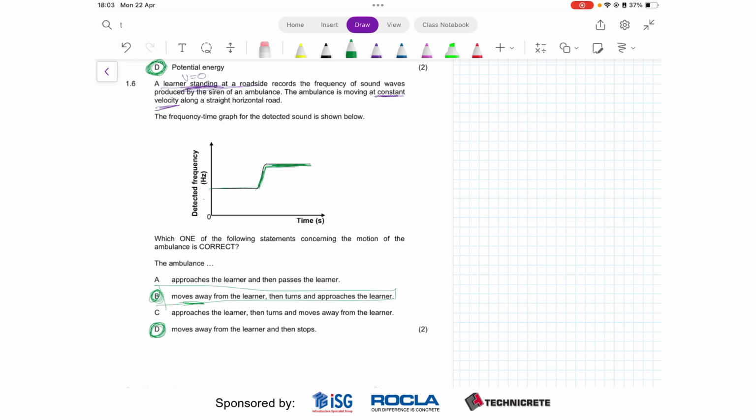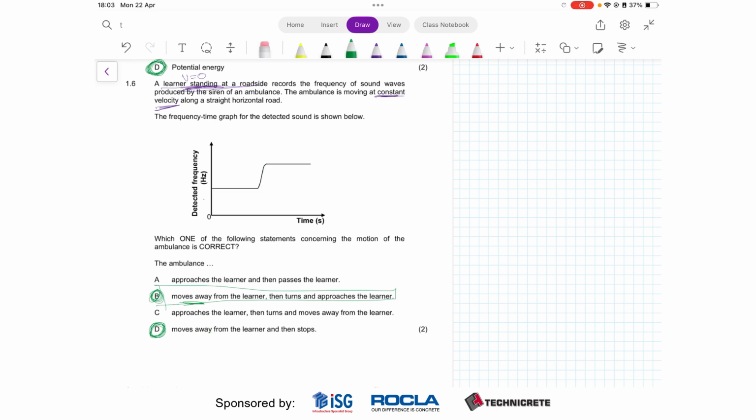Now, D. Why is D also a solution to this question? Well, D is a solution because we've already explained why it has a lower frequency as it's moving away. We know that as the source is moving away, the frequency is lower. This part is lower than this part. This part is a bit higher. So we've already explained the moves away part. Now, here's the thing.